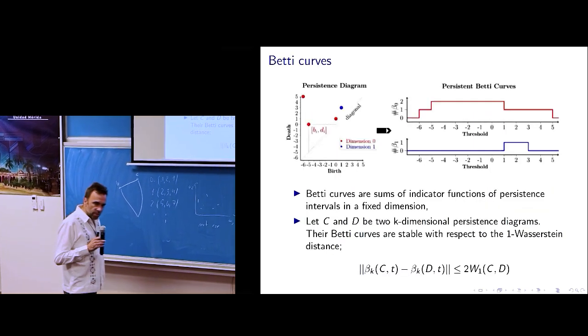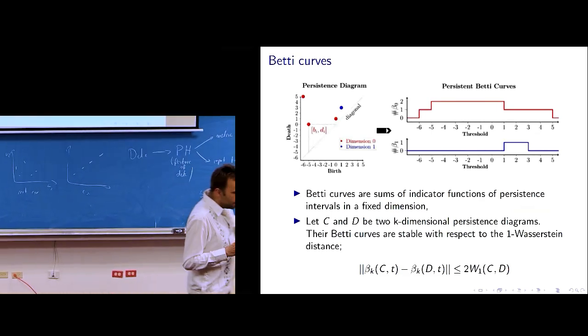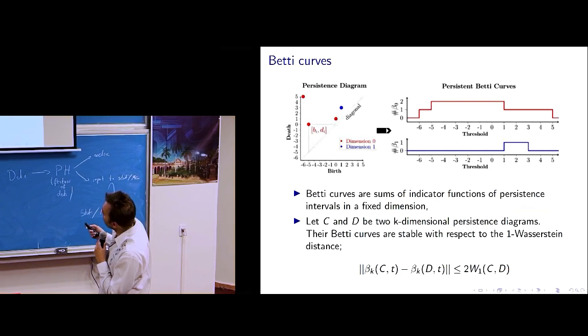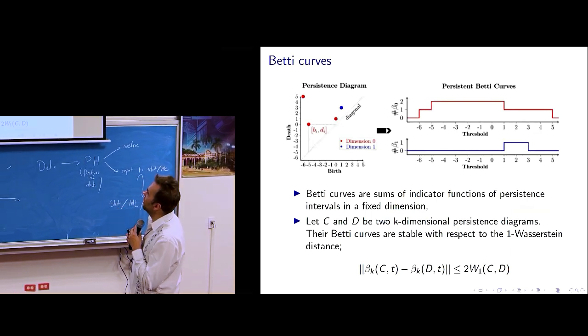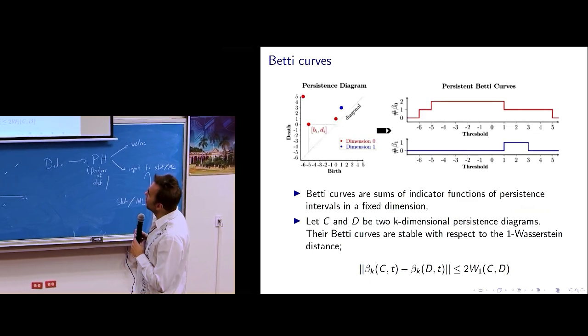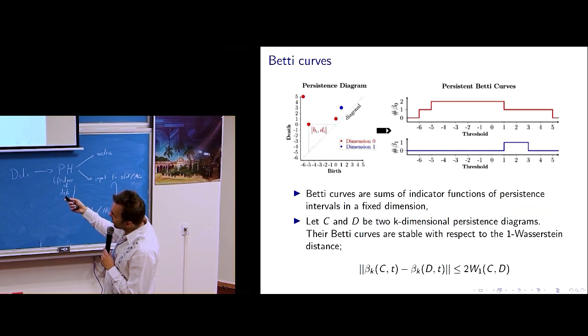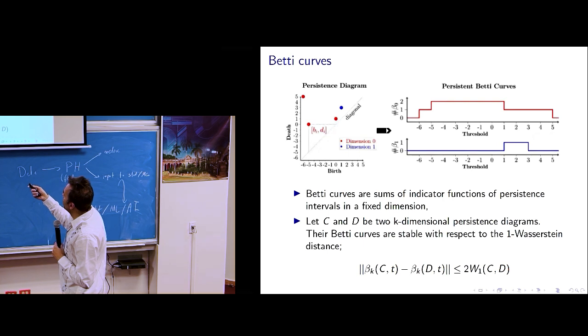So let me briefly mention the persistence Betti curves. So let's imagine that we have a diagram. And over here, actually, the representation of a persistence diagram in terms of persistence barcodes is better. But let's take a look at the blue one. So the blue diagram only contains one point, which has the birth value 1 and the death value 3.